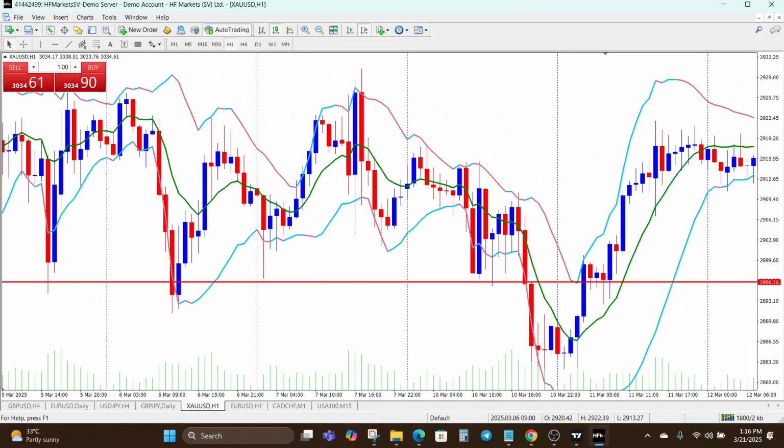All right. Now, one of the biggest advantages of the Better Bollinger Bands Indicator is its volatility detection. When volatility increases, you will notice that the bands will expand, like you can see happen here. That's when volatility increases. Okay, it means that the market is active and price movements are stronger.